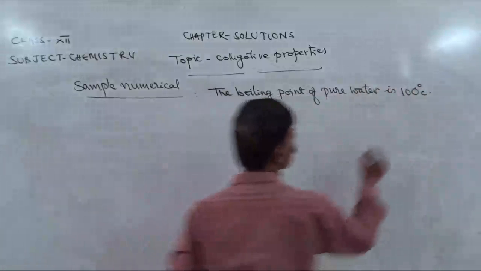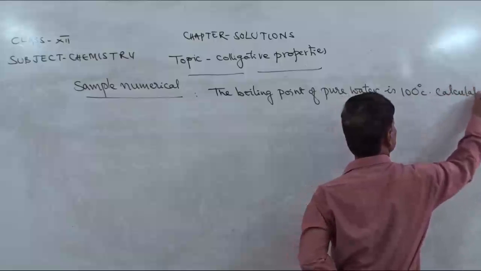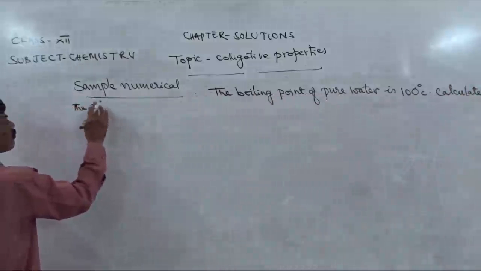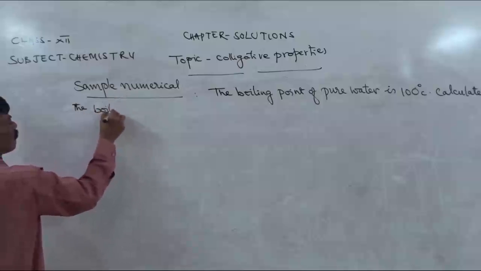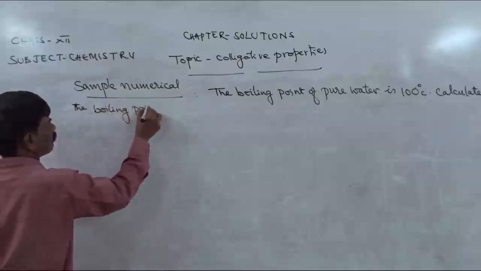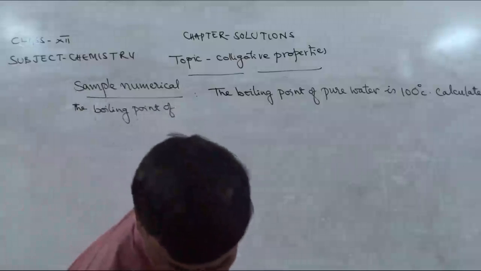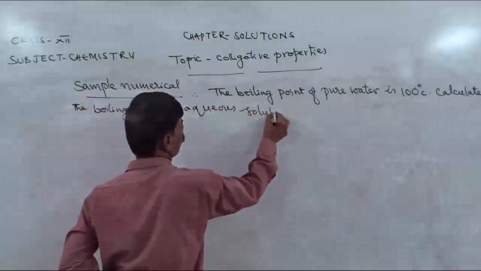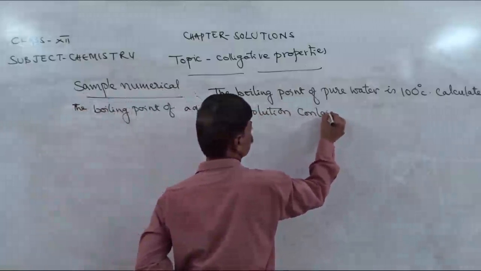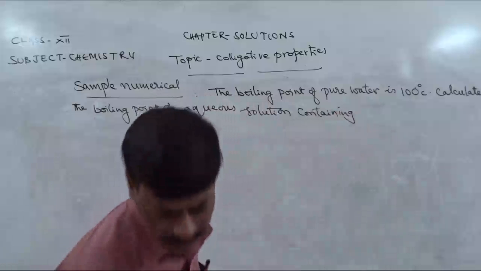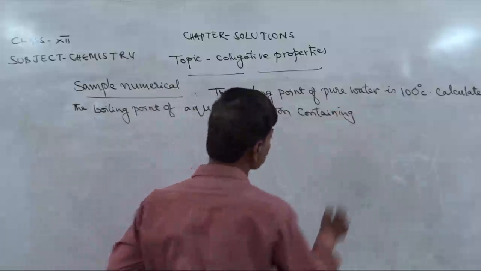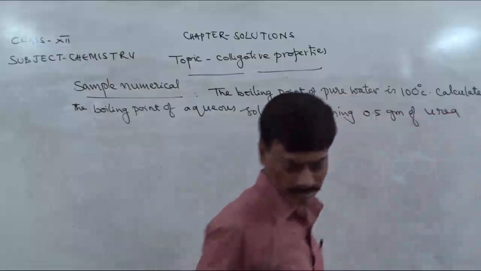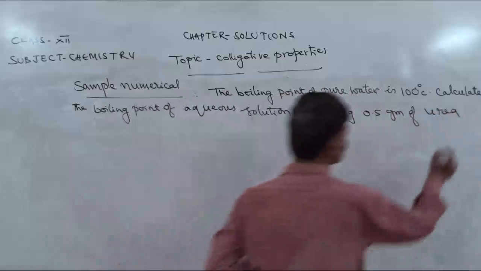Calculate the boiling point of an aqueous solution containing 0.5 grams of urea and 200 grams of water.